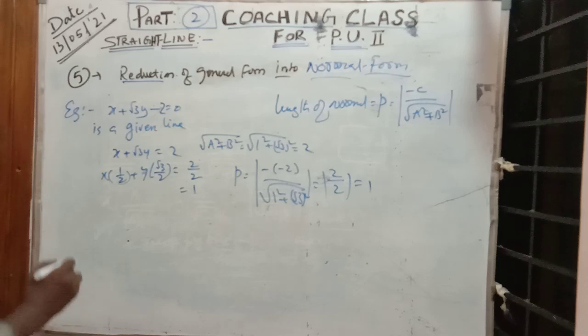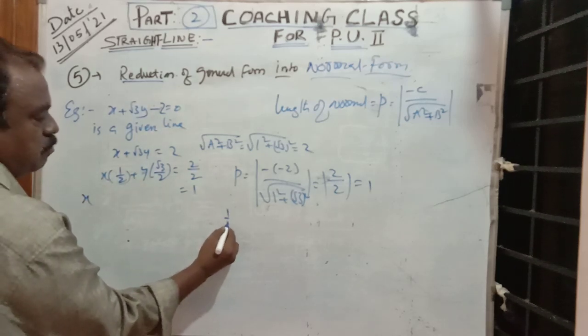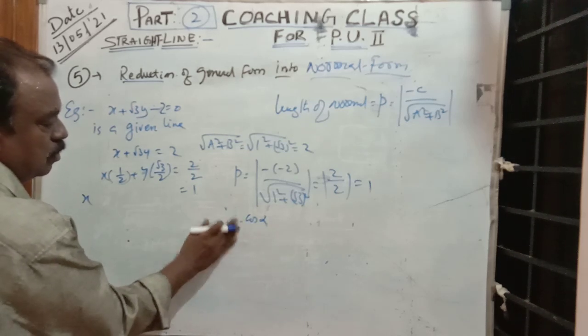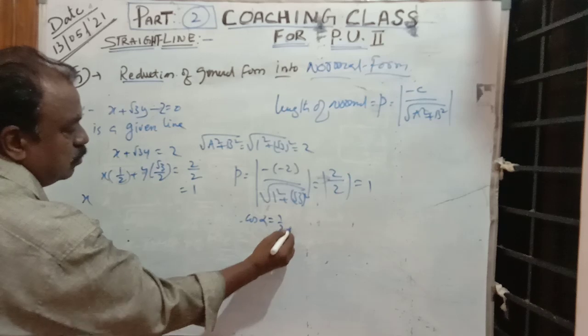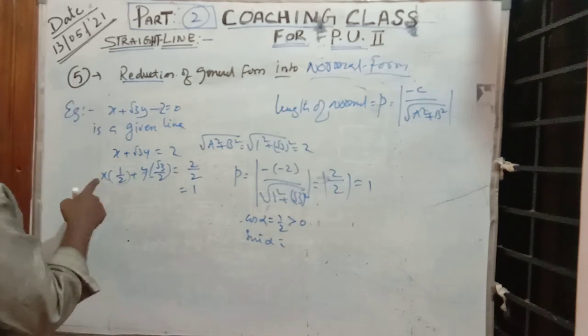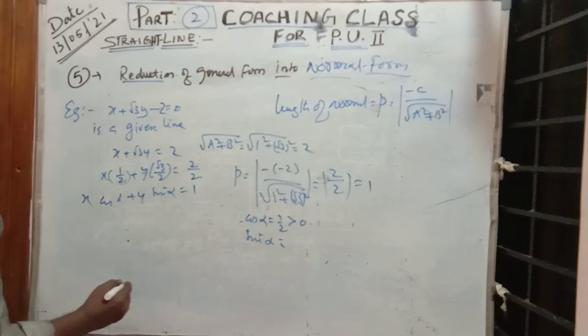Here 1 by 2 is equal to cos alpha. Cos alpha is equal to 1 by 2, which is greater than 0. Sin alpha is root 3 by 2, from x cos alpha plus y sin alpha is equal to 1.